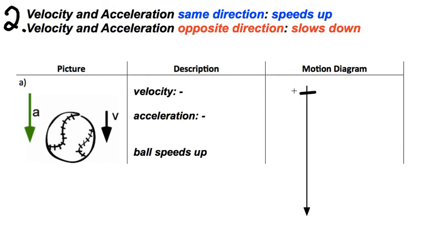We're still going to label it 0, or where it starts, and because we're moving up and down, not left and right, we're labeling this Y for position instead of X. So as it starts at a position of 0, it starts to fall. It starts off slowly and picks up speed. So over time, these dots are spreading out.